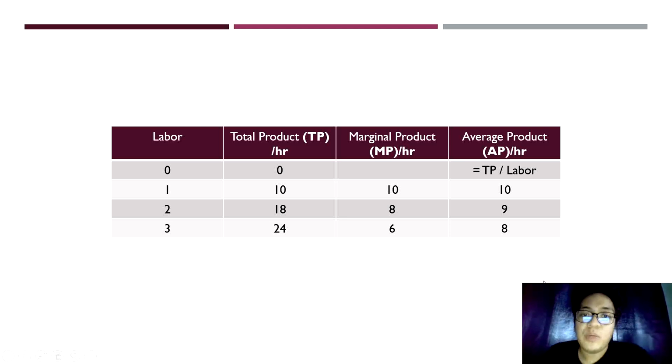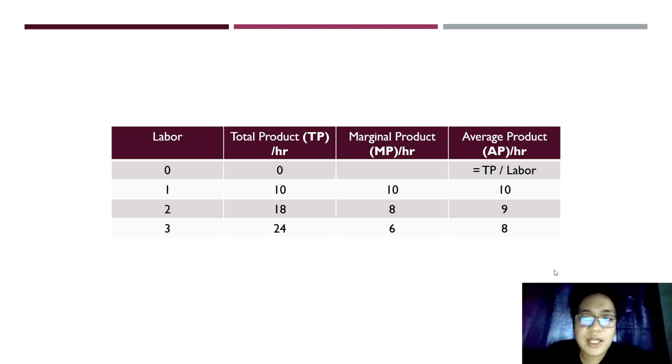Now, we will now talk about the average product. And when we talk about average product, we are talking about kung ilan ang average na produkto ang kayang i-produce ng isang unit ng input na meron tayo. In this case, our input is the laborers, diba?